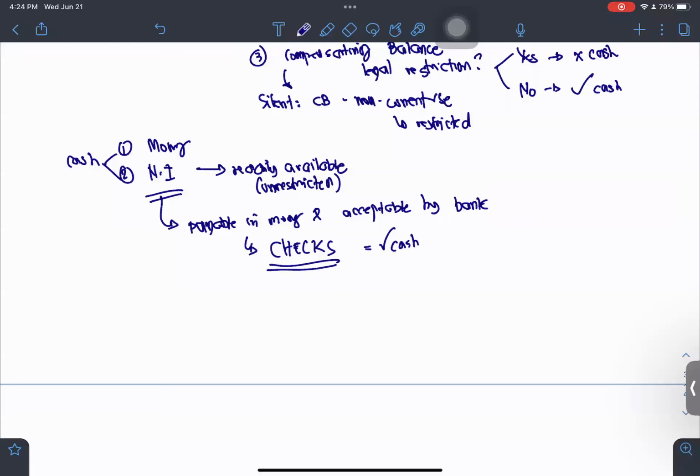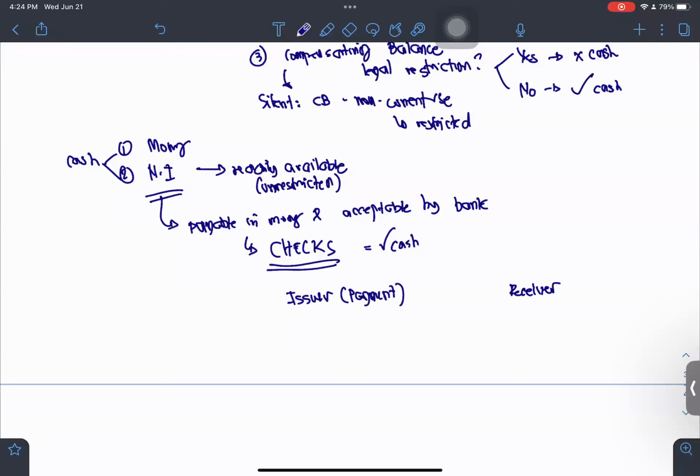However, always remember that in your checks, it could have been a check that you are the issuer or a check which you are the receiver. Whenever you are the issuer, you use that as payment.